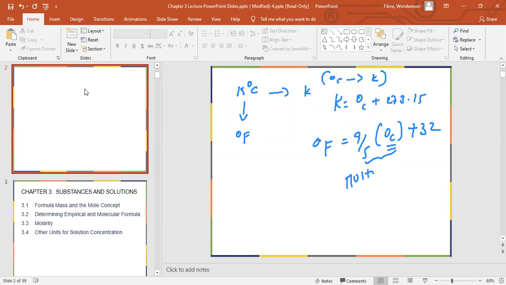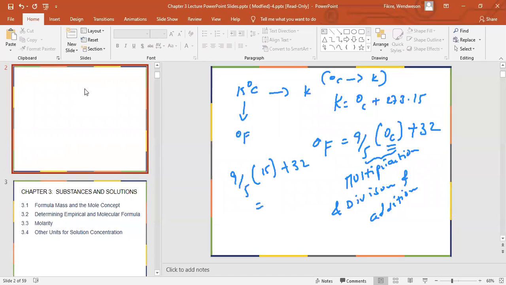Remember multiplication, then division, and finally addition. Okay, so just follow the rules. So you have to multiply 9 over 5 times 15 plus 32. So 9 times 15 over 5 plus 32 to get the right number.